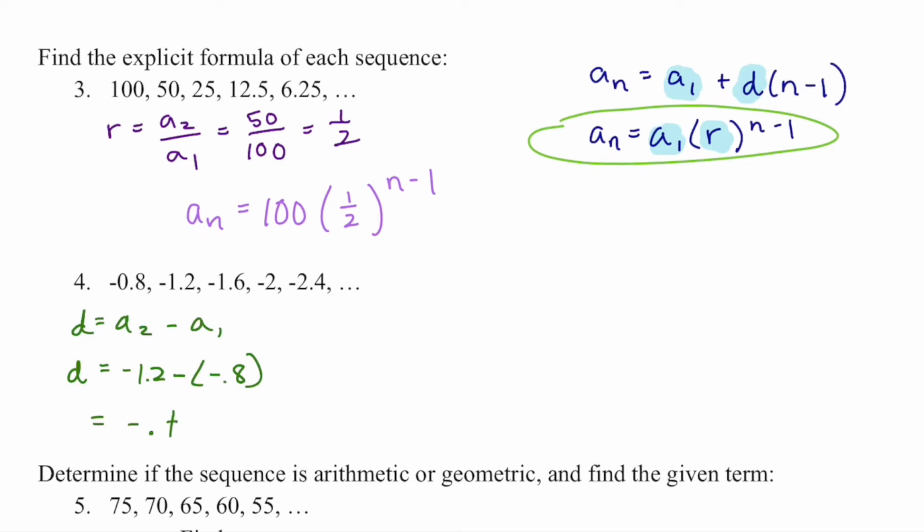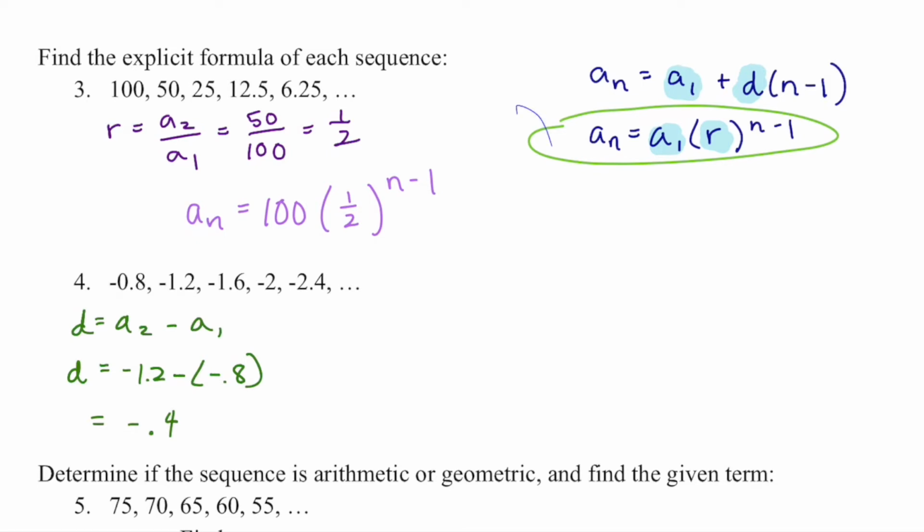Okay, we'll do a quick check to double check, make sure that that is indeed the case. So, start with negative 0.8 in your calculator, subtract 0.4, checks out, subtract 0.4 again, checks out, subtract 0.4 again, yes, subtract 0.4 again. We can see that it is arithmetic. It does have a common difference, and that common difference is negative 0.4.